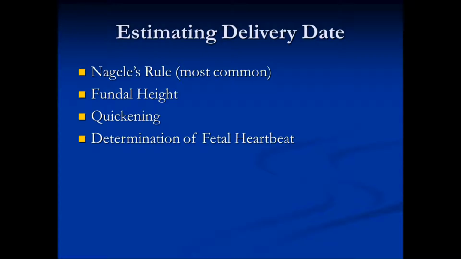The use of oral contraceptives or an irregular menstrual cycle reduces the accuracy of this method. So it's most commonly used, and this is typically what physicians are charting when they're trying to determine the initial due date, unless other factors prevent them from using it.